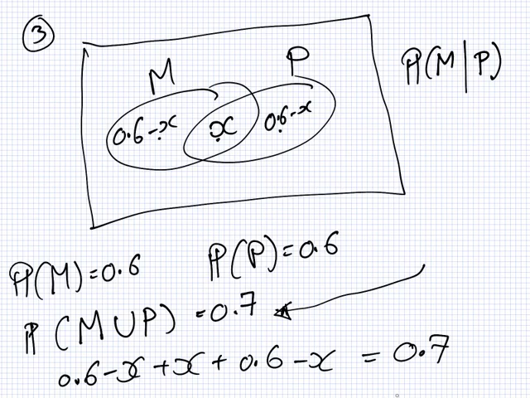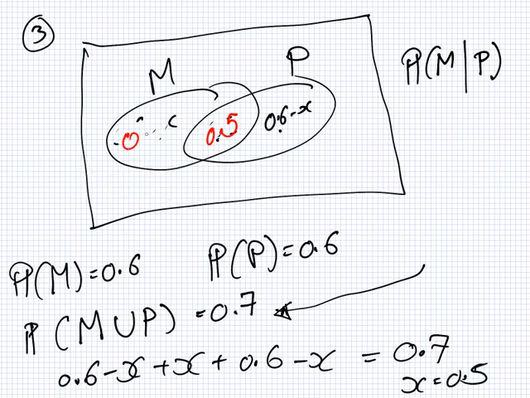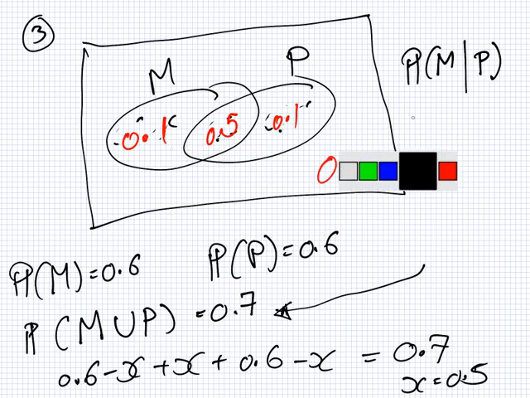So you get x equals 0.5. That's great. So that gives me everything I need. So here, this is 0.5. So then what's this piece here? 0.1. And this piece here must be 0.1. So this piece here must be 0.3.